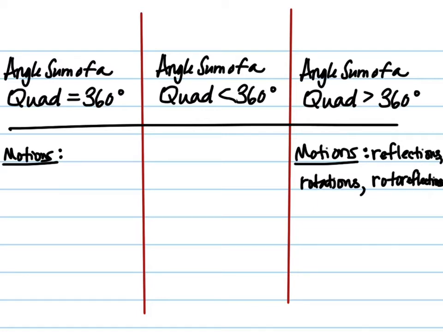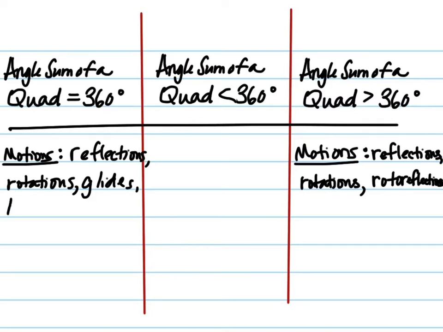Reflections and rotations are both there. Let me write those down. You mentioned one, Kennedy. Glide. And there's one more, and I think it came from this side of the room. Translations, that's the last one, yeah.